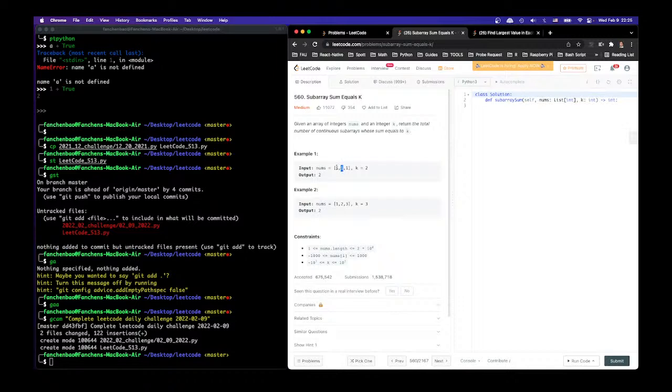Which means for this, we're going to find sum to 0, sum to 1, and sum to 2. And for this, sum to 1 is 1.